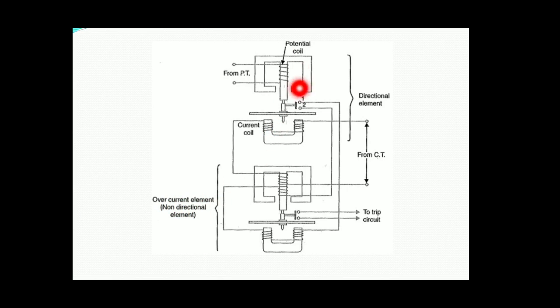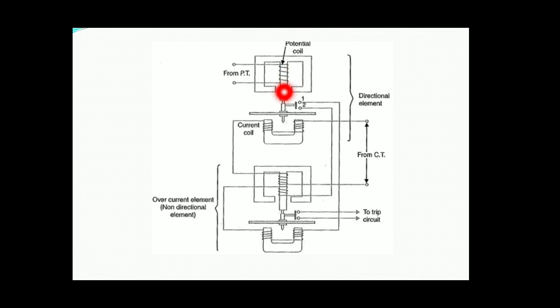The directional element is the same as a directional power relay. It consists of two magnets, an upper magnet and a lower magnet. The upper magnet is E shaped and the lower magnet is U shaped.